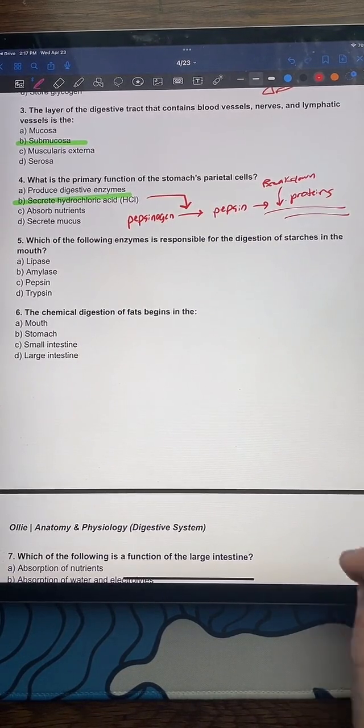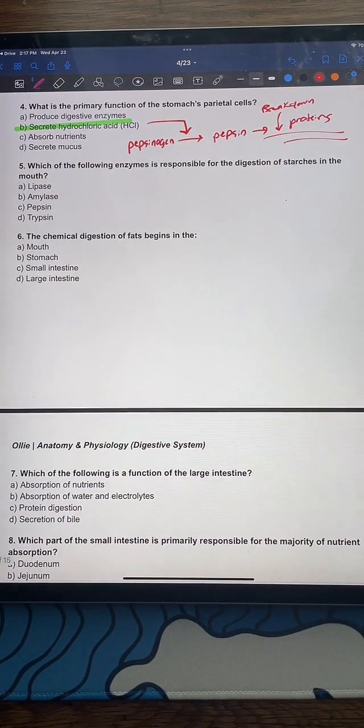Number 5. Which of the following enzymes is responsible for the digestion of starches in the mouth?